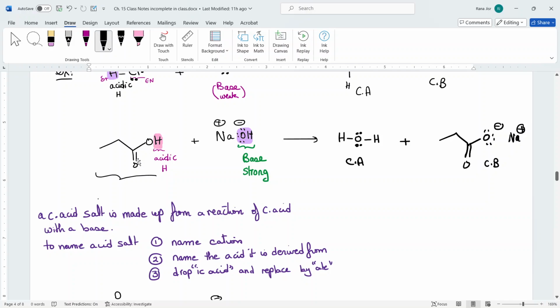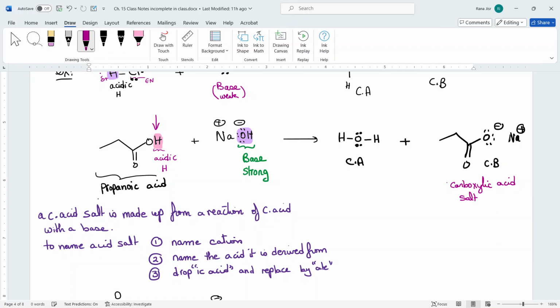So if you have this acid in there, which is a propanoic acid, let's write the name of this acid. So propanoic acid. When propanoic acid loses its hydrogen, then it becomes what we call a carboxylic acid salt.